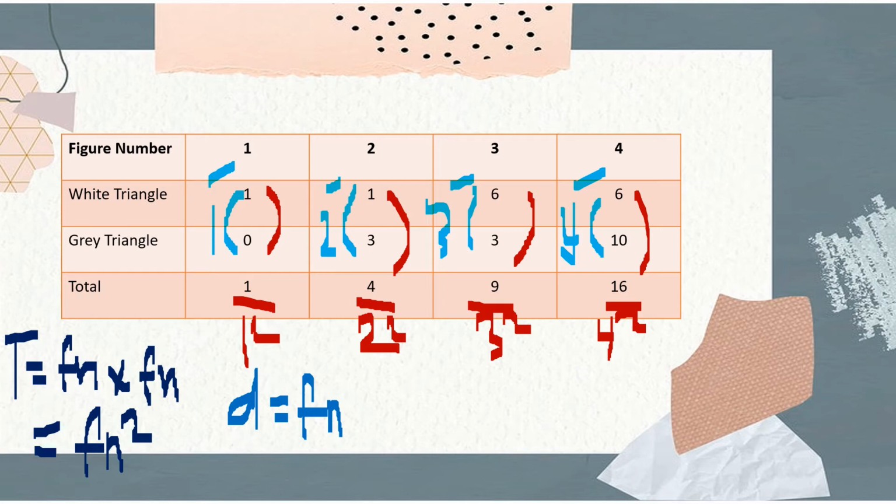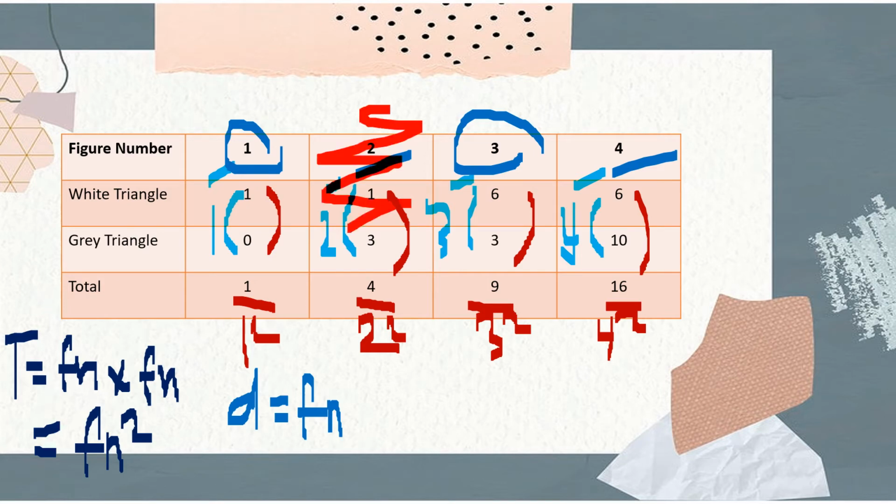Okay, next, what we notice from this table is that 1 is an odd number, 2 is an even number, 3 is an odd number and 4 is an even number. So what if we just cross the even numbers first to see this pattern more clearly?